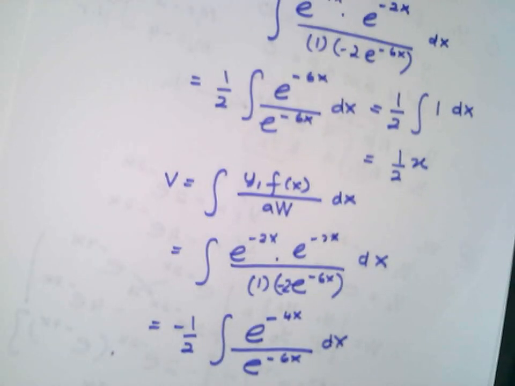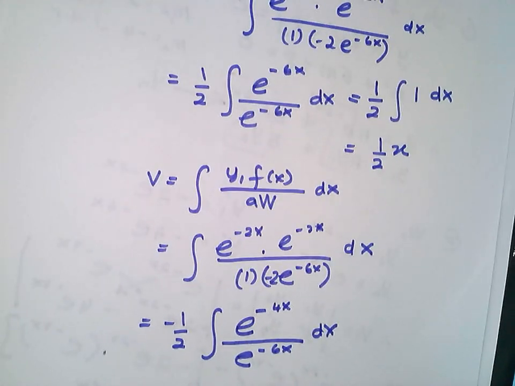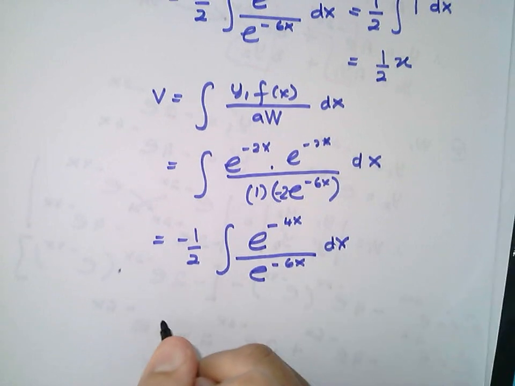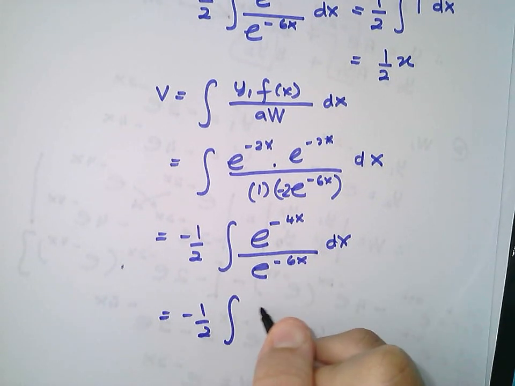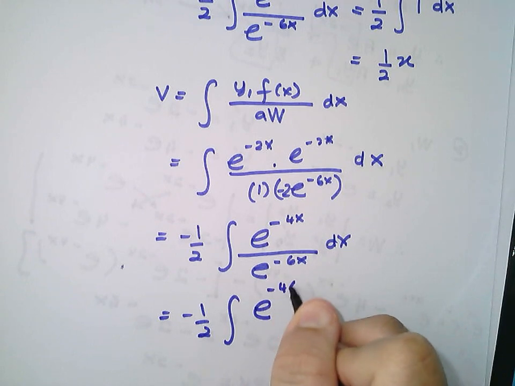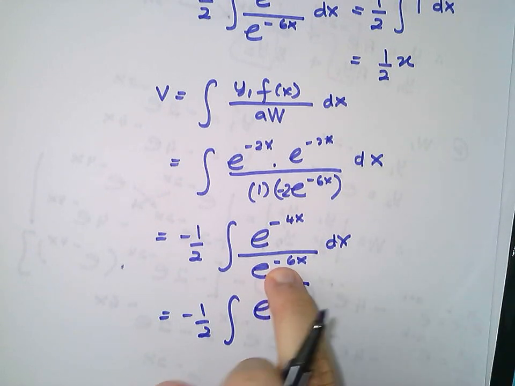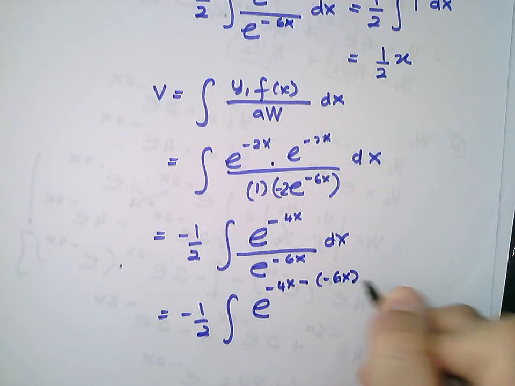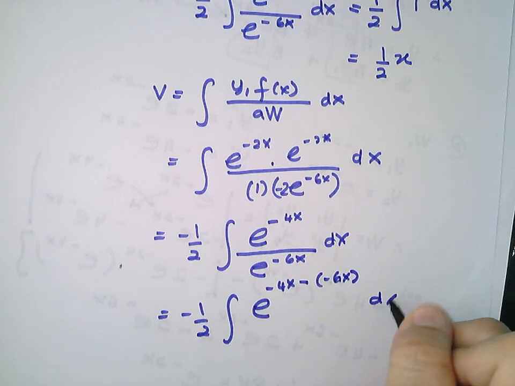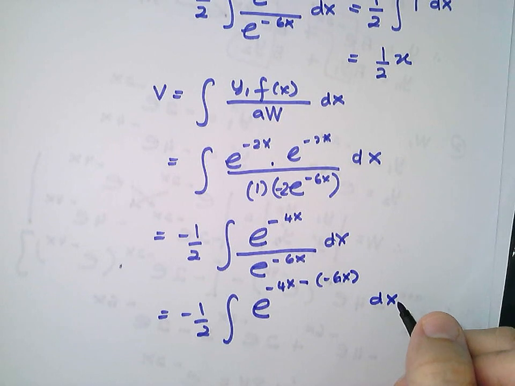So you will have negative 1 over 2, integrate exponent negative 4x minus negative 6x dx.